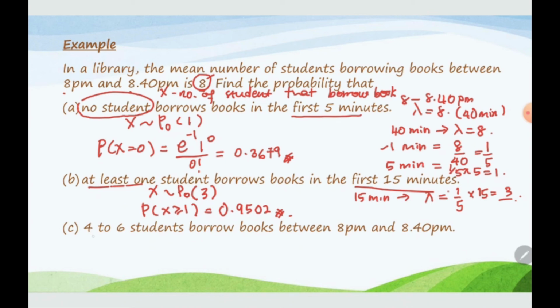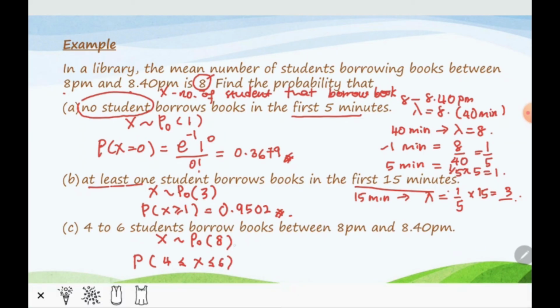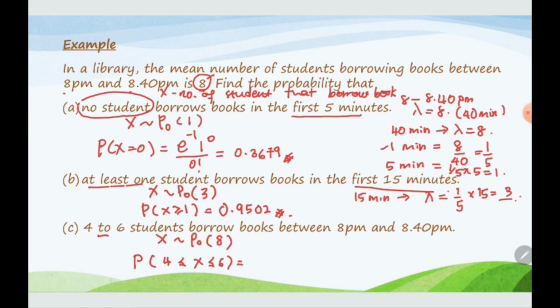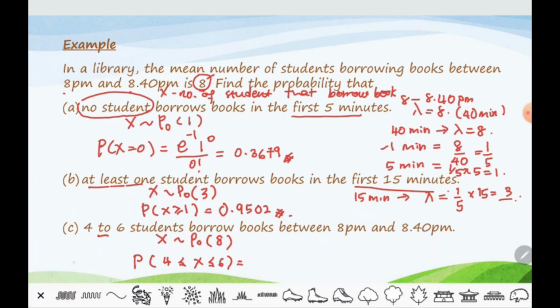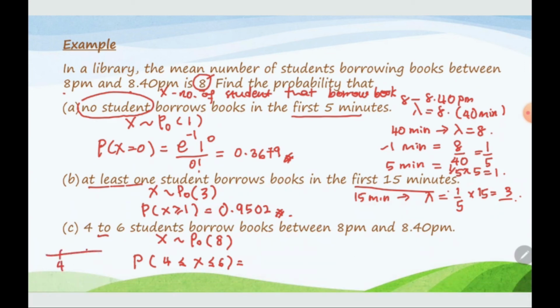Okay, and then C, we need to find the probability that 4 to 6 students borrow books between 8 p.m. and 8:40 p.m. So we know that the lambda from 8 p.m. to 8:40 p.m. is 8. So write a new distribution with a new lambda. So we need to find P(X) from 4 to 6. There is an equal sign because of the word 'to', and 4 to 6 are both included.